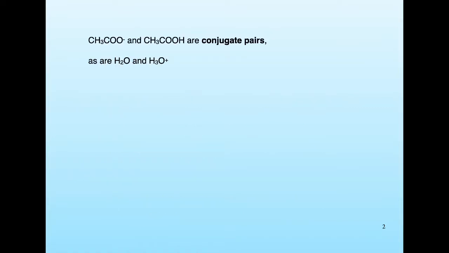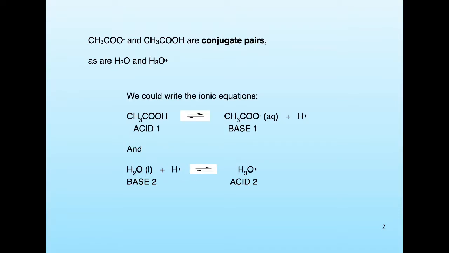Okay, we also say that the ethanoate ion and the ethanoic acid are conjugate pairs, and the H2O and H3O+ are conjugate pairs. We could split the equation up into two kind of half equations, couldn't we? So again, it's the proton that determines this relationship, doesn't it? So the ethanoic acid, acid 1, loses that proton to form base 1. There's the proton. And then that proton is accepted by base 2 to form acid 2.